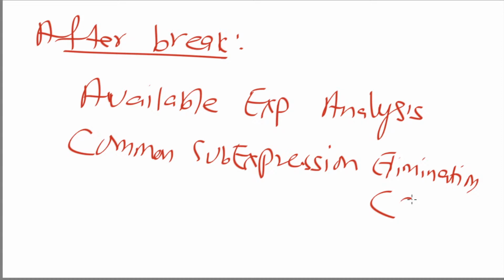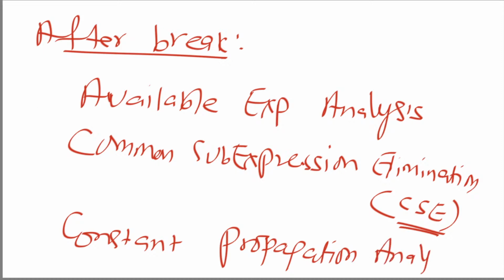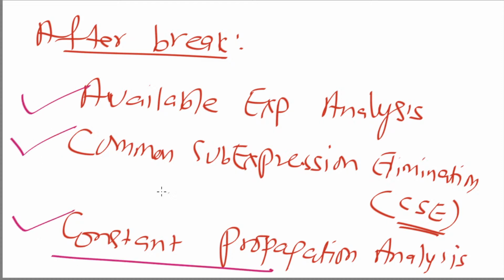In short, we call it CSE, common sub-expression elimination. And also we will do constant propagation analysis. So constant propagation analysis, available expression analysis, common sub-expression elimination, these things we are going to do after the break.